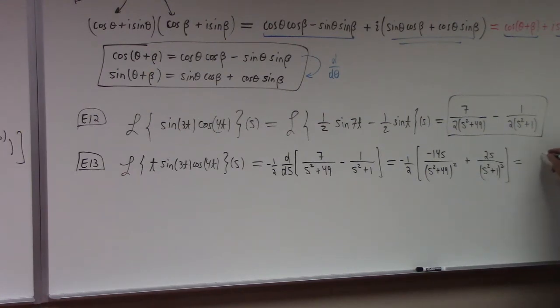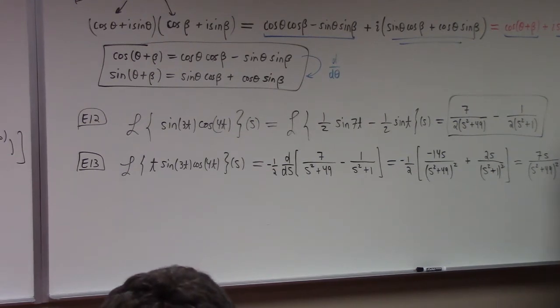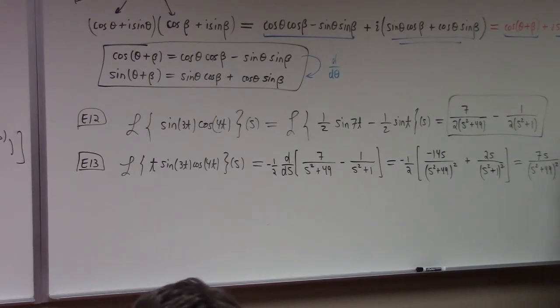I'm going to simplify just a little bit here. So that's 7s over s squared plus 49 squared minus s over s squared plus 1 squared. Hooray!